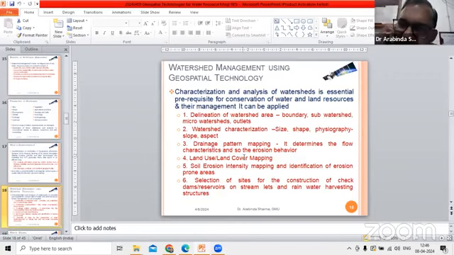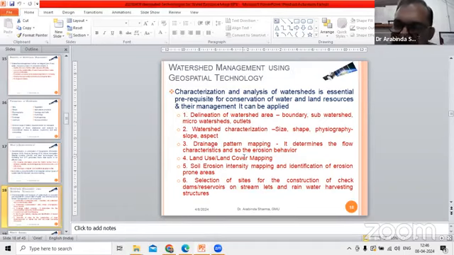And geospatial technology can also help you to identify, suppose, the amount of runoff taking place at a particular outlet, and the amount of sediment yield at that outlet, because sediment yield is also a big problem. It causes dual problems to a water body. It may cause siltation of the water body, it may cause nutrification or eutrophication of the water body.